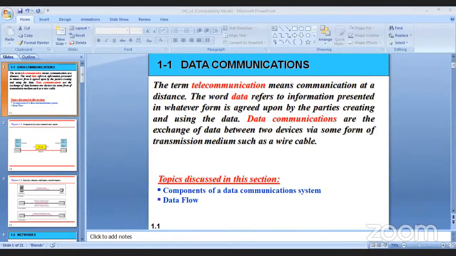The data will transmit from the sender to the receiver, from the speaker to the listener. I'm saying something, you are listening, this is wireless communication.